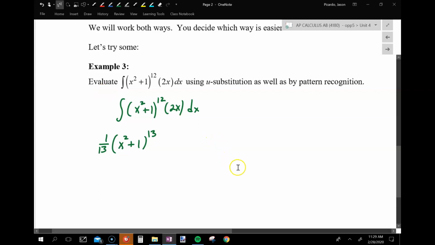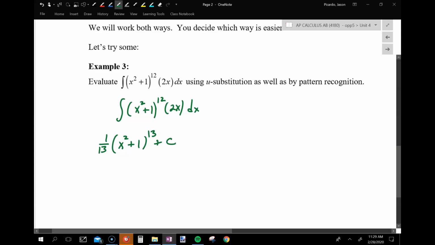And then if I think about taking the derivative of this, you recognize this is a chain rule problem, right? So I would say, okay, take the 13, bring this in front. I'd write this again, drop it by 1, and then I'd take the derivative of the inside. And what's the derivative of the inside? 2x. So that's actually exactly what we were looking for, isn't it? Plus c.